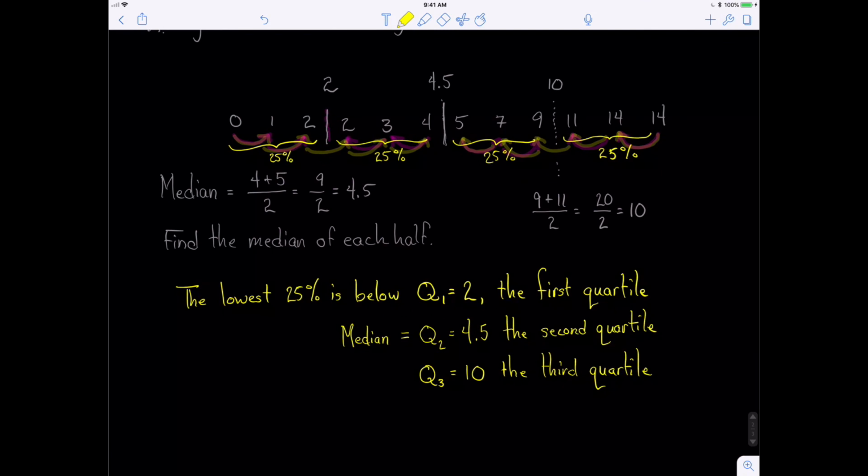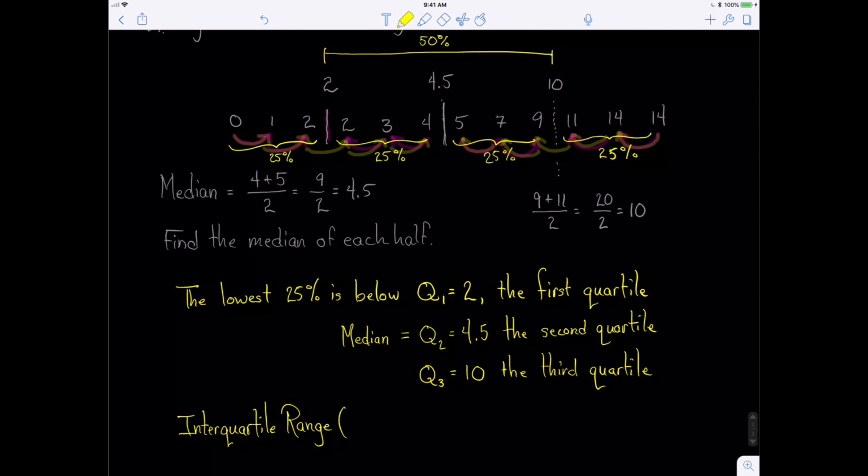Now, notice this, that if I look in between the first quartile of 2, and I look all the way up to the third quartile of 10, notice that that's 25 plus 25. That represents 50% of the data that falls between those two numbers. And it's such an important group, that middle 50% of the data, that we call the range in which that 50% falls the interquartile range.